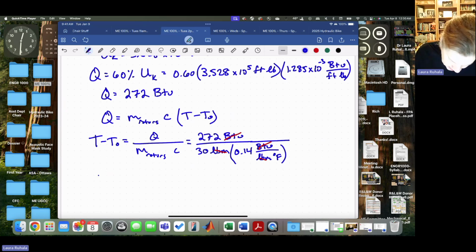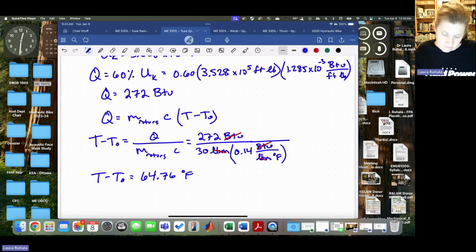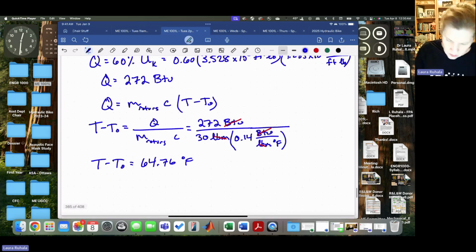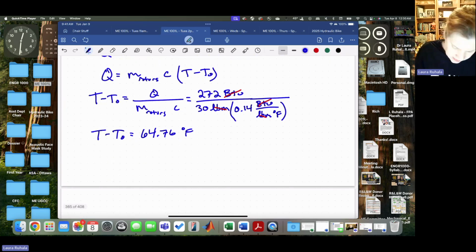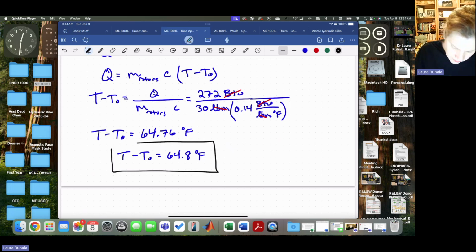So T minus T naught, let's get the number, 64.76 degrees Fahrenheit. So I should say that's 64.8. And that's my answer, and I'm sticking to it.